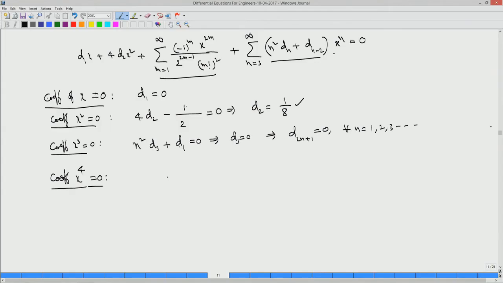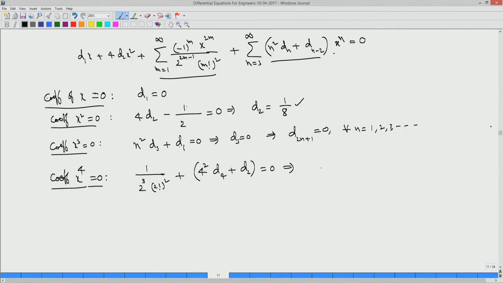x power 4 will give me m equal to 2. So you have 1 by 2 power 4 minus 1, 3, 2 factorial square, plus n equal to 4 is 4 d4 plus d2. So 4 square d4 plus this is equal to 0.